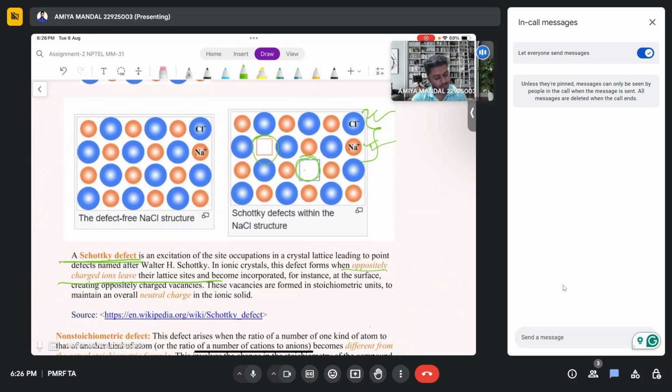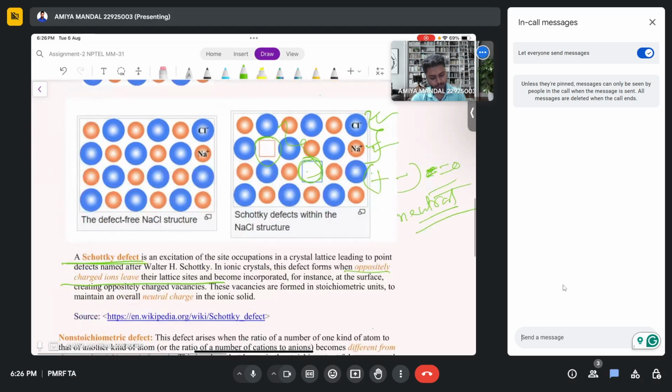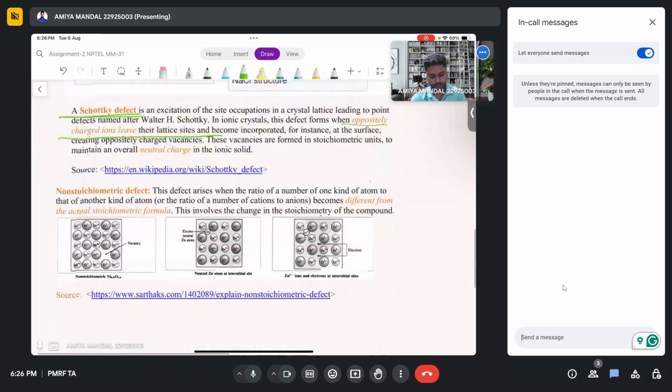They simultaneously leave these two sites and leave the crystal in a neutral form. It will not show a charge difference. Okay, charge neutrality will always be present there. Both chlorine and sodium will be missing. So this type of disorder is called the Schottky defect.